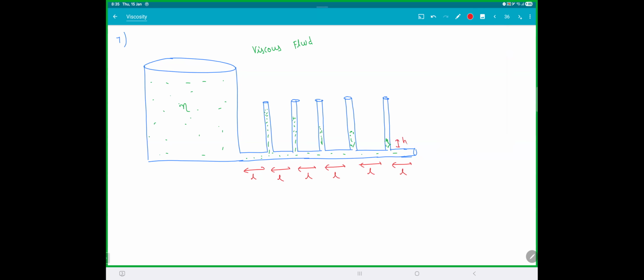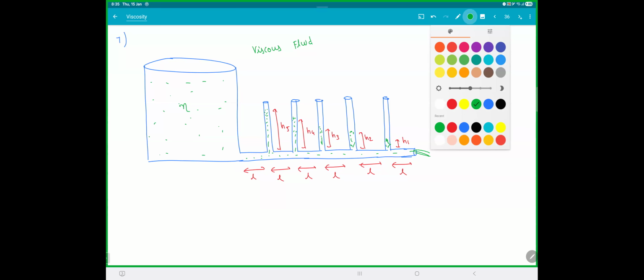This height is H1, H2, H3, H4, and H5. And the liquid is flowing out here. You can assume the volume of liquid flow to be small.